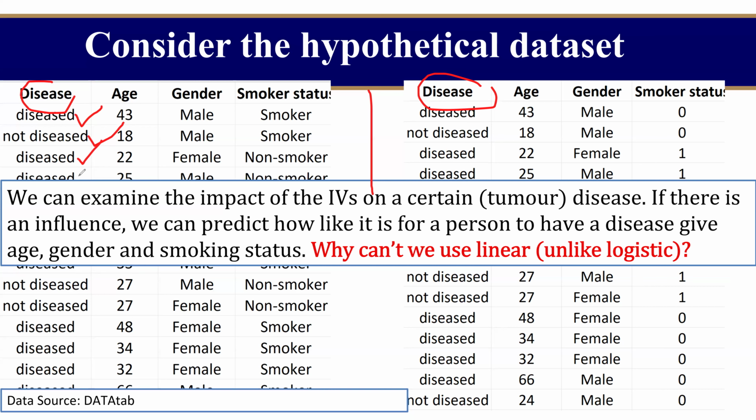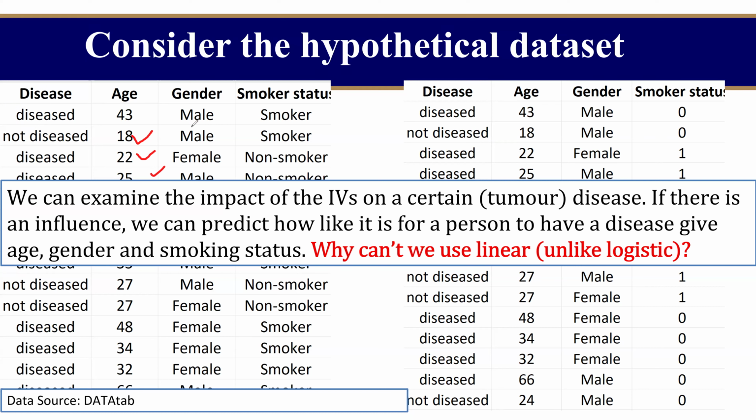The fourth is diseased. And you've also collected the ages of each one of these people. The first person is 43, and that person was diseased. But the one who is not diseased was just young, 18. The ones who are diseased were 22, 25.